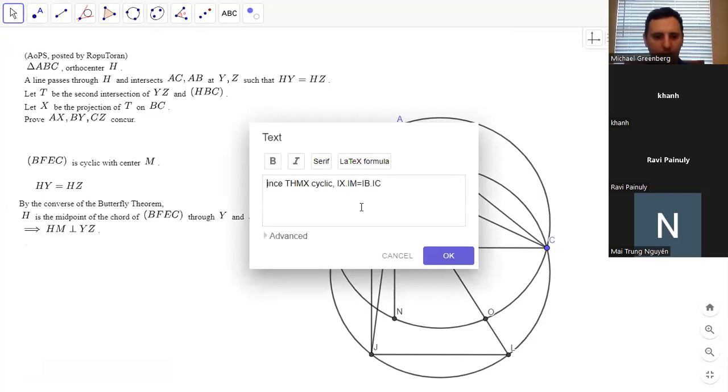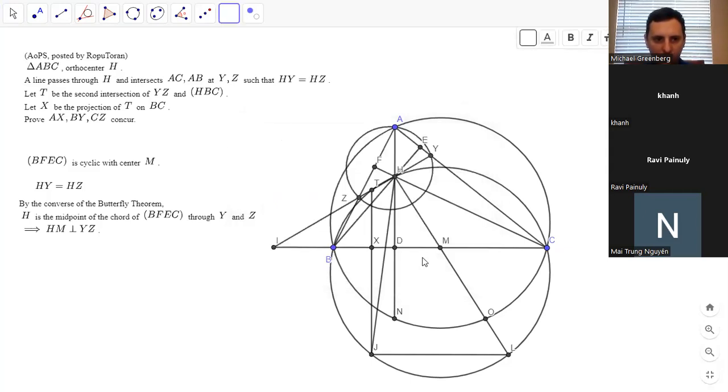So we don't need all those points. And then since M is the midpoint of BC, we know that those are harmonic.